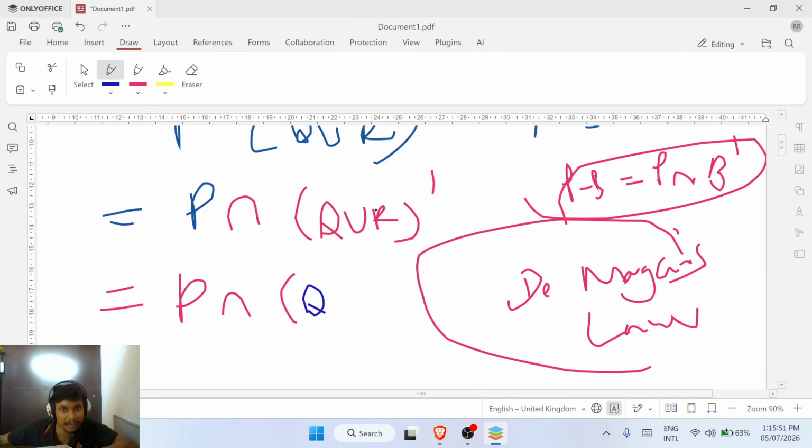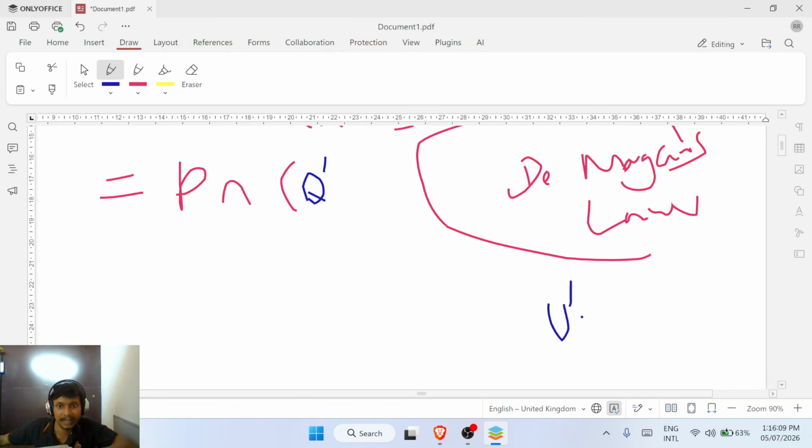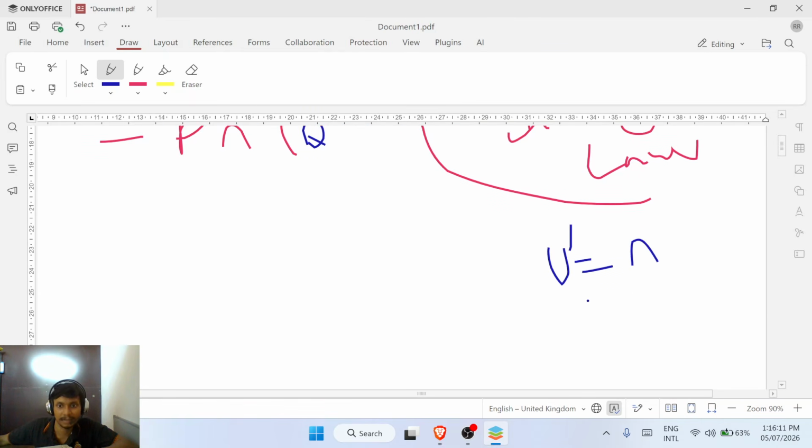If I apply this dash to Q, that is Q dash. If I apply this dash to the union, it will change to intersect, because union dash is intersect. Okay, union dash is intersect, for example.